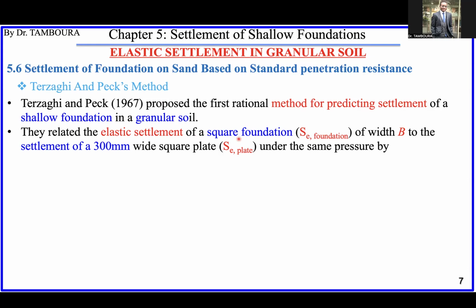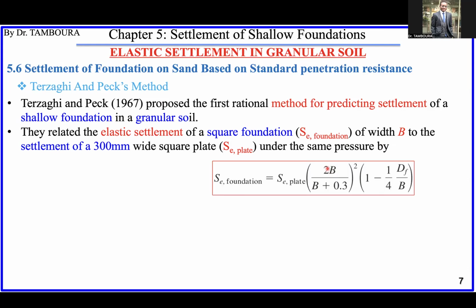So for a square footing, the width of the foundation is B, and the plate is 300 millimeter, or 30 centimeter. They did that with a square plate under the same condition.